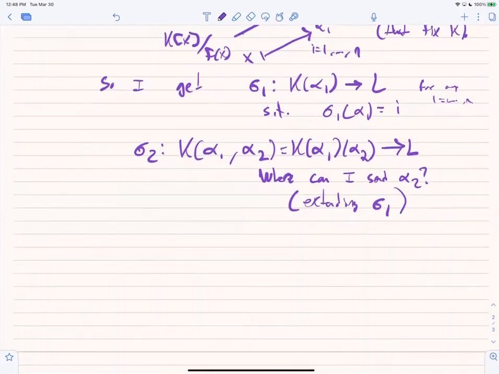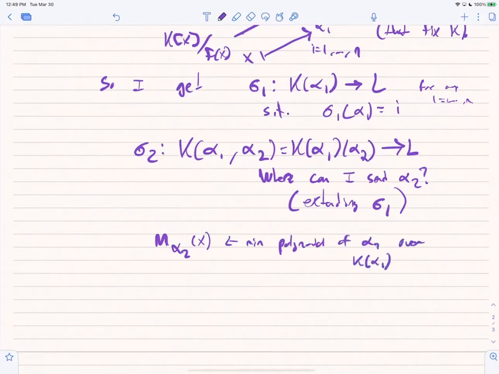Okay, but let me write M. This is going to be a little bit funny, but M of alpha 2 is the minimal polynomial of alpha 2 over K(alpha 1).